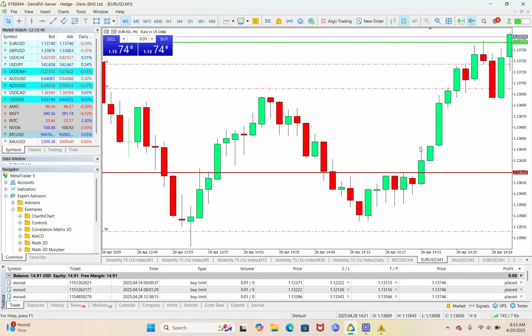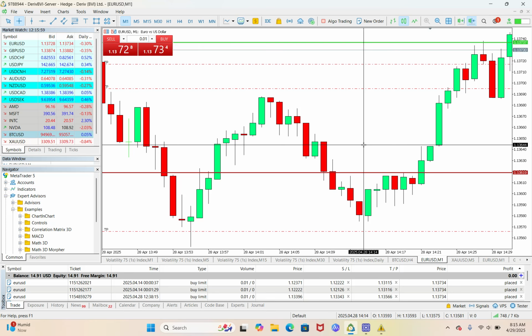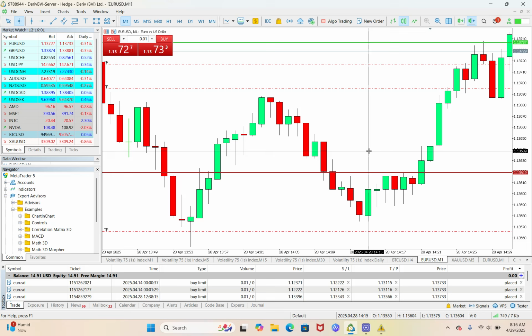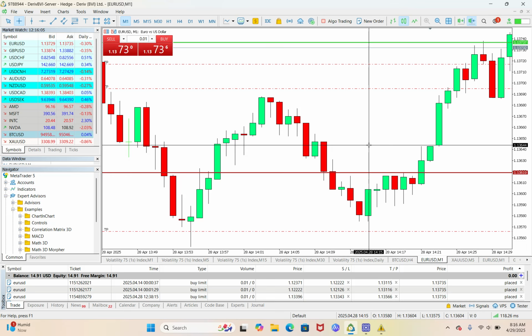Right here is an area of interest. Okay, buyers pushed the market up, creating a structure right here, a strong bull candle. So I want to take a buy limit right here. Okay, so our entry price is gonna be right here at the open of this candle, 10 pip above, which is 13,654.